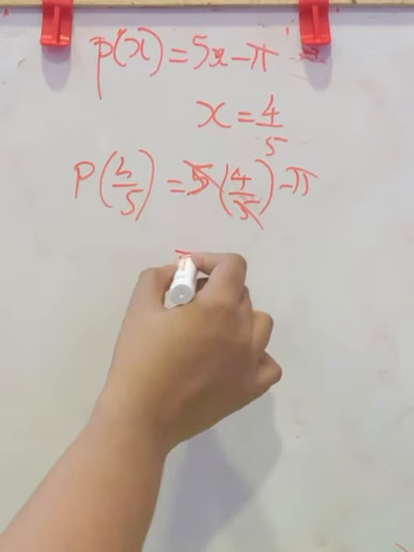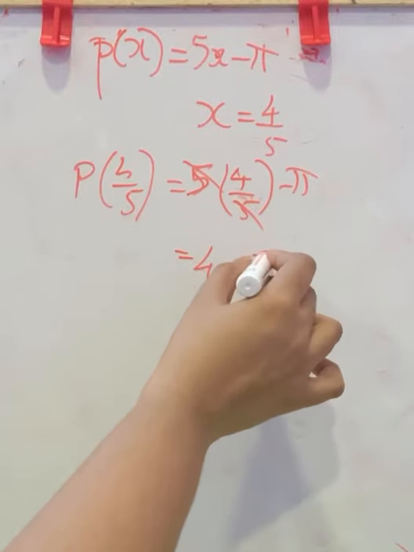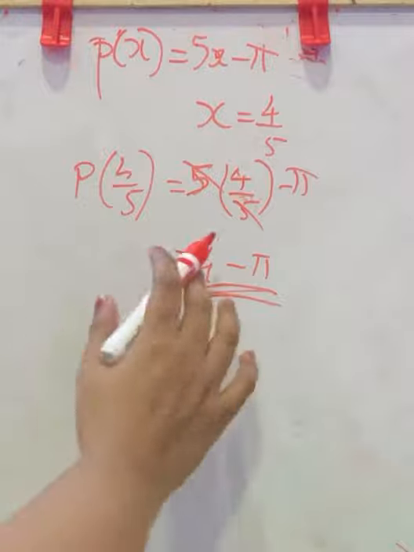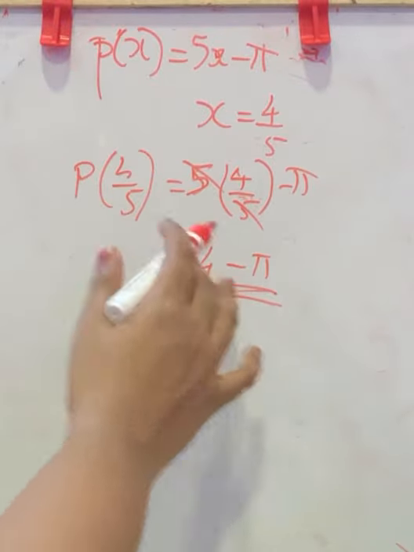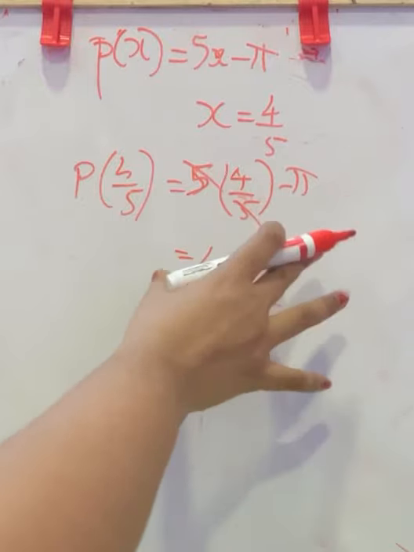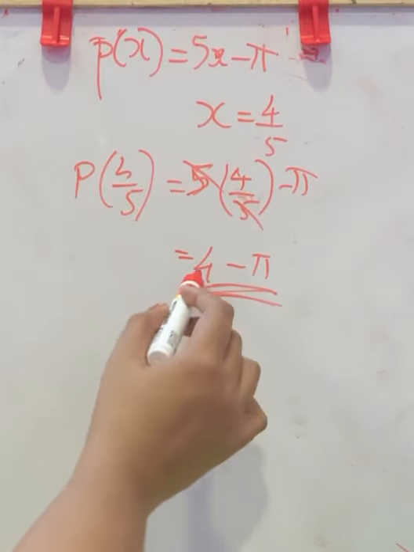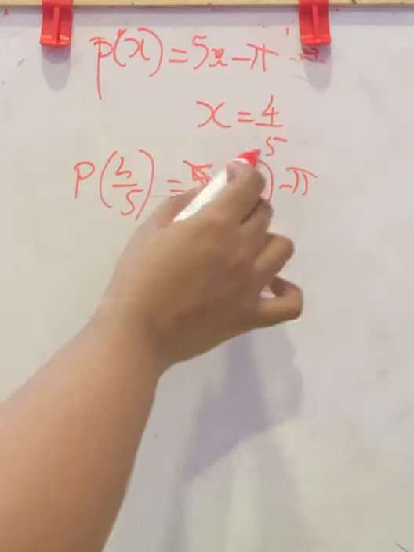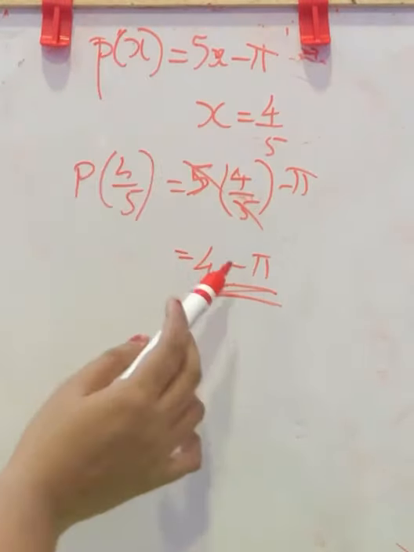Now the result is 4 minus pi. We can't do operations here, because pi is an irrational number, so the result itself is 4 minus pi. And if you got a result other than 0, then we can say this is not a zero of this polynomial, because the result is not 0.